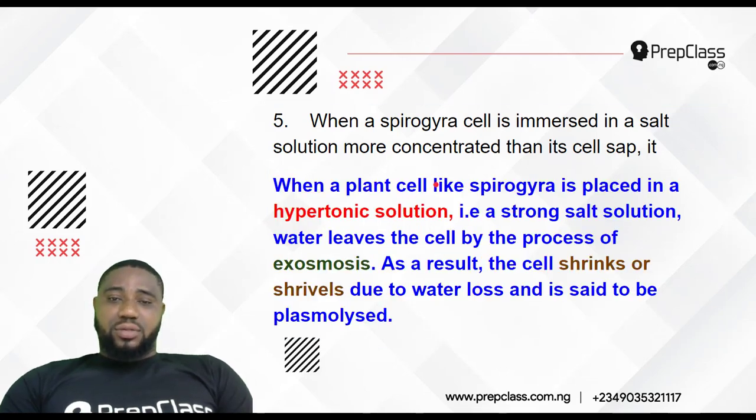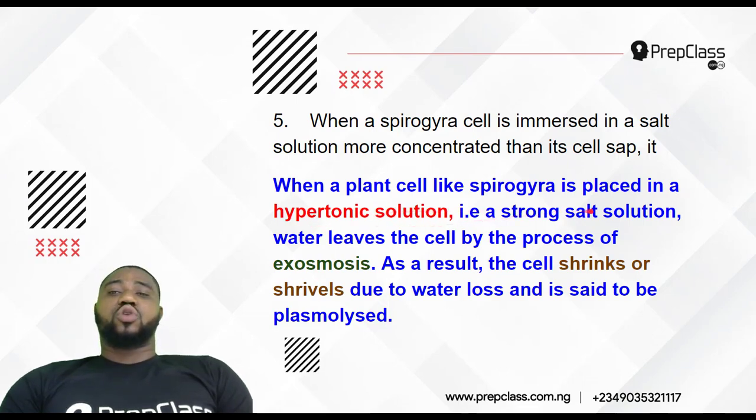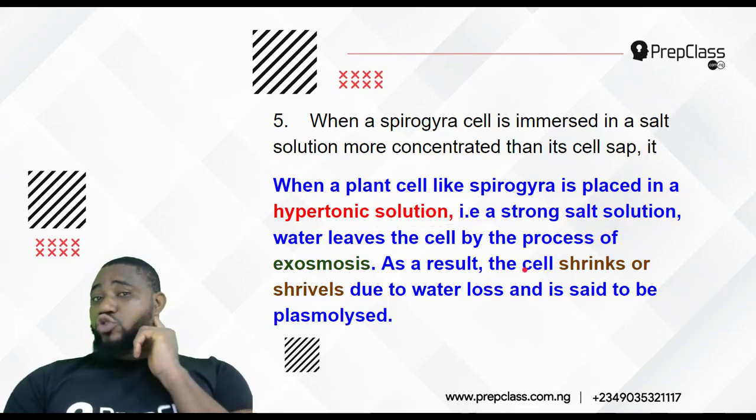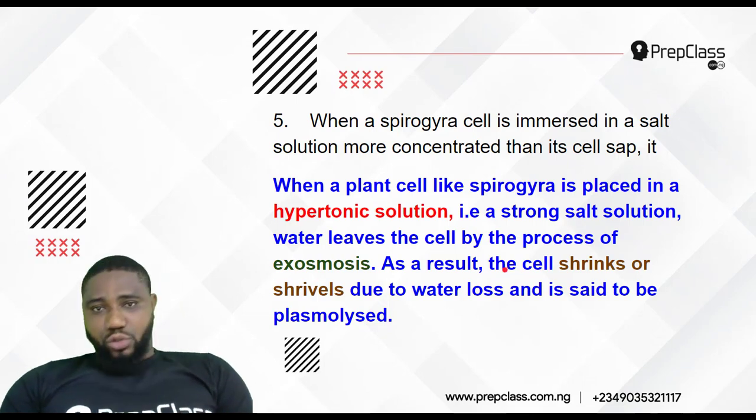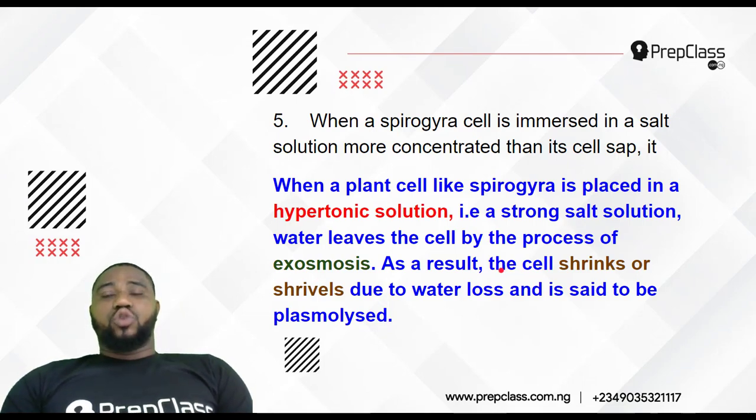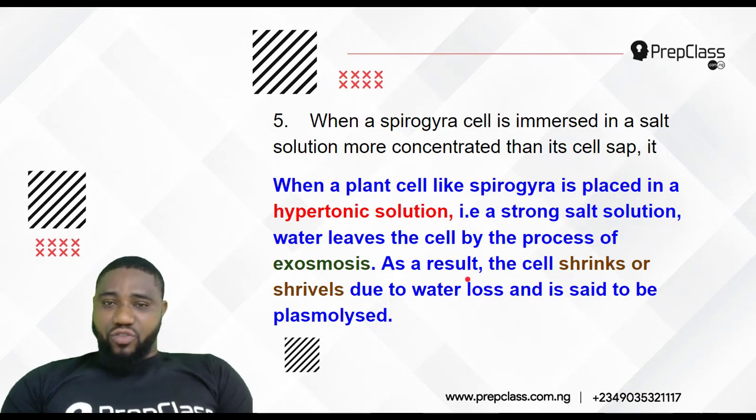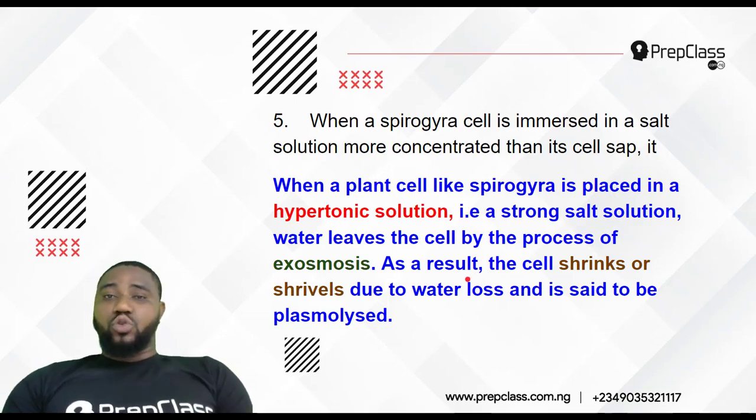When a plant cell like Spirogyra is placed in a strong salt solution, we call a strong salt solution a hypertonic solution. We call a solution that contains no salts, that is, the salt in the cell is higher than that of that solution, a hypotonic solution. A solution in which the level of salt is the same as the level of salt in the plant or animal cell, we call an isotonic solution.